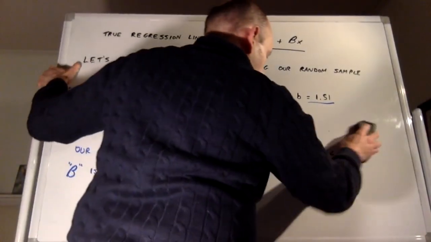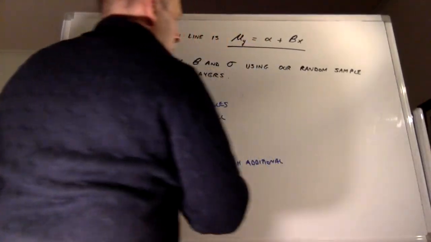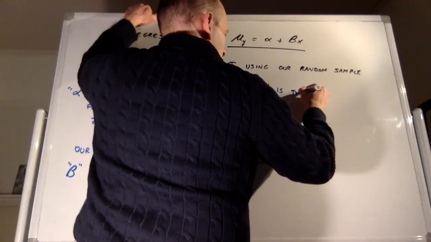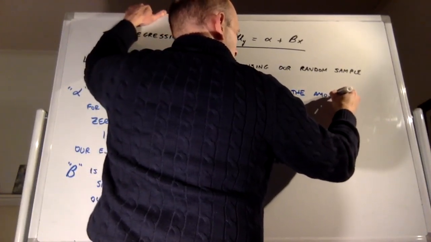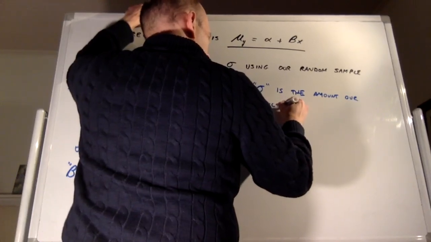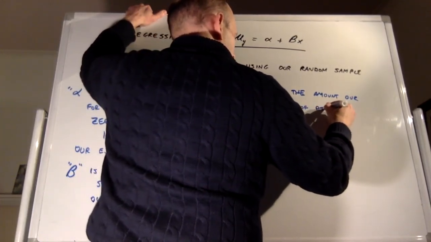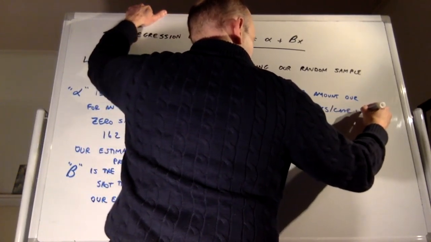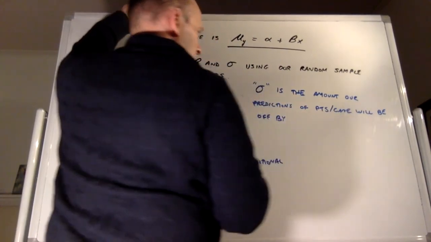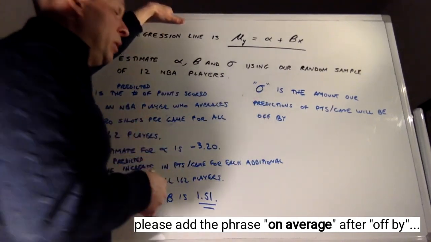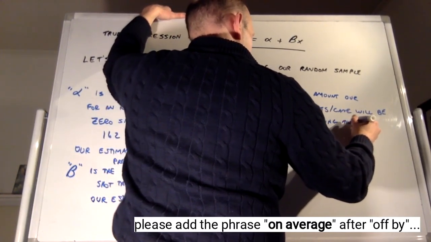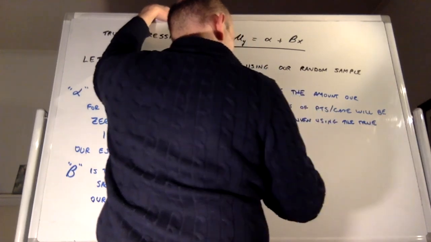And now let's define what sigma is in context. So sigma is the amount our predictions of points per game will be off by when using the true regression line, because it's sigma we're talking about here.